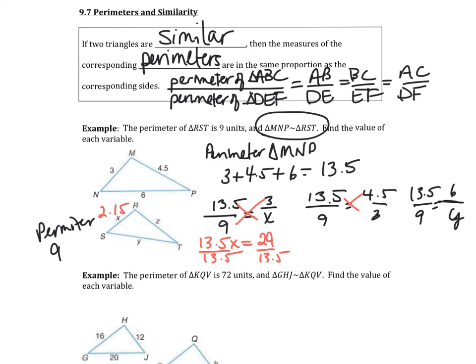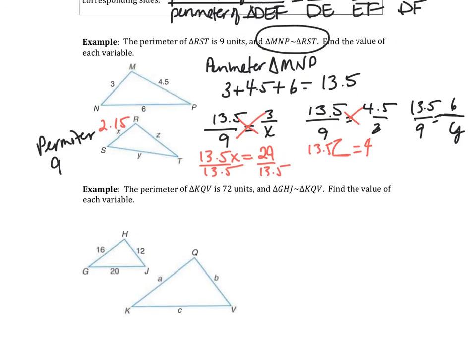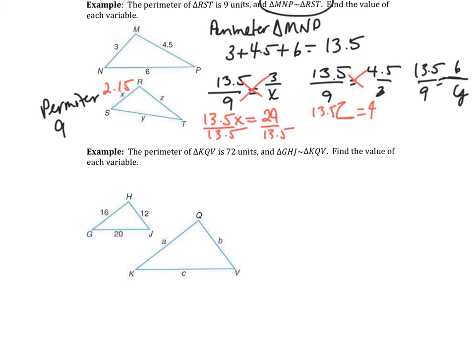Over here, 13.5 times z is equal to 9 times 4.5. 9 times 4.5 is 40.5. 40.5, divide both sides by 13.5.